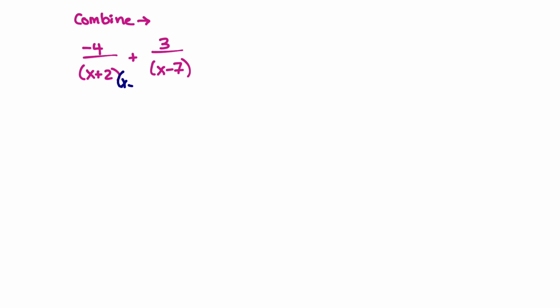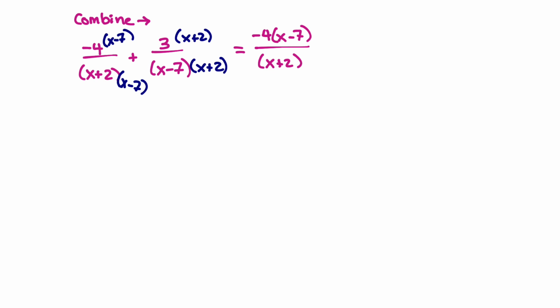It would be x plus 2 times x minus 7, right? Now, what would I have to make sure I did? If I want to change the denominators, I have to do it top and bottom. So on top, I would have minus 4 times x minus 7, and then plus 3 times x plus 2, over x plus 2 times x minus 7.